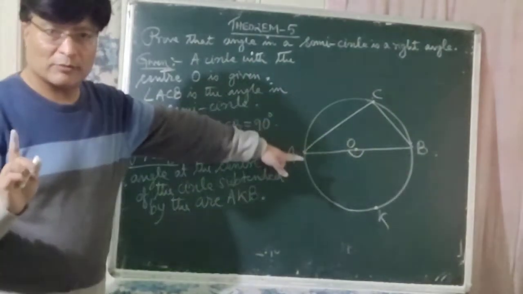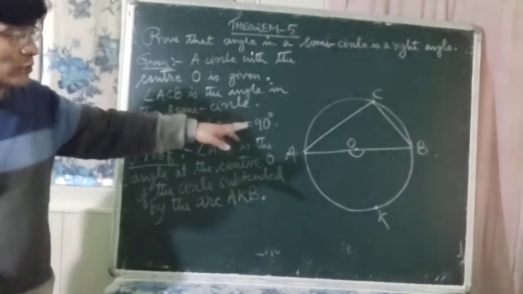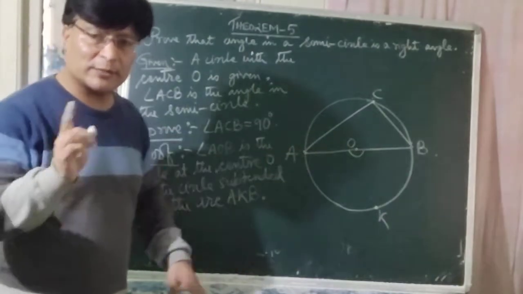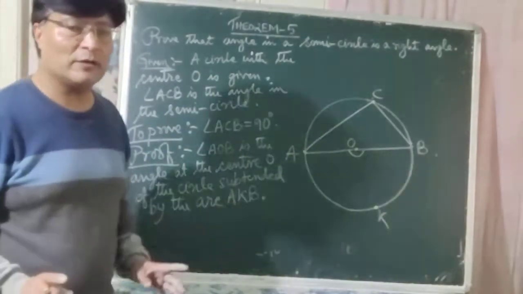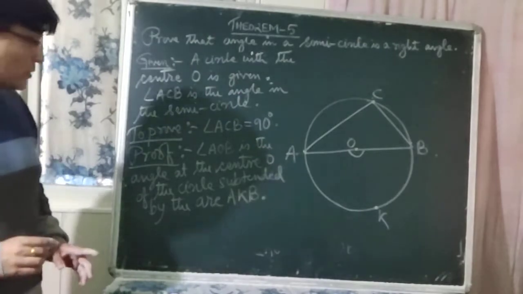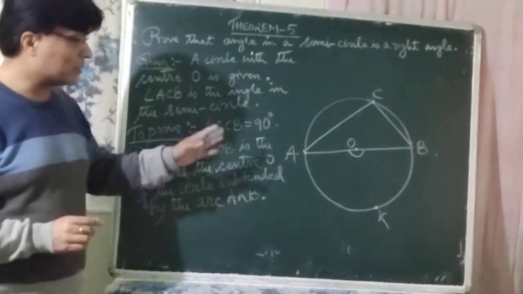No credit is given, right? So you have to draw the figure. Only after drawing the figure will you get marks. So without a figure, you won't get any marks. Okay? So all of you keep copying this.